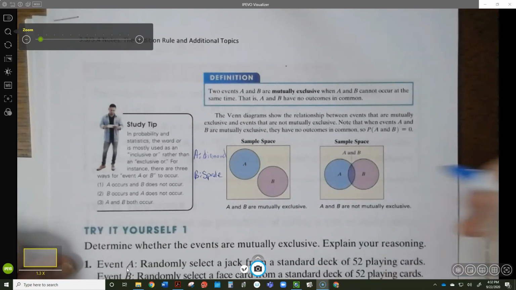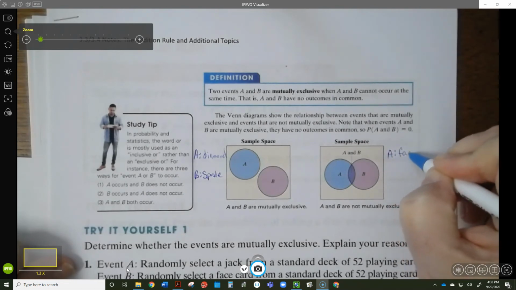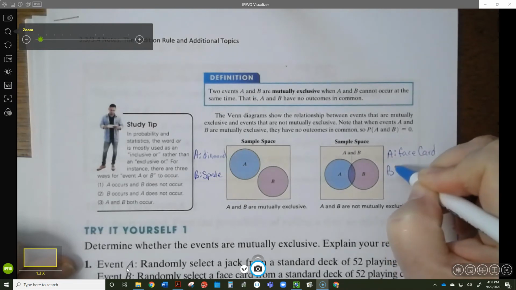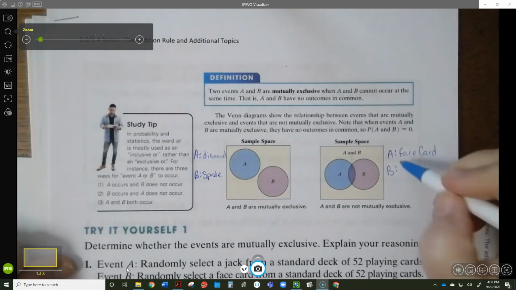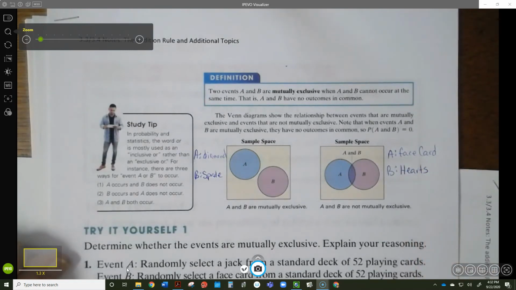Now over here, group A might be a face card, and then group B might be the set or the group of hearts.